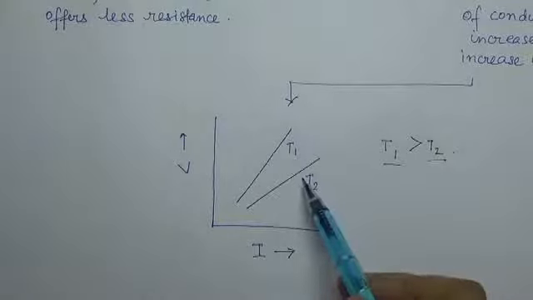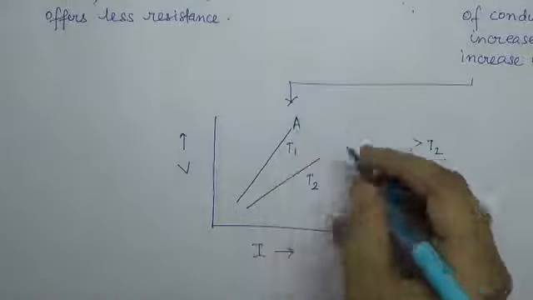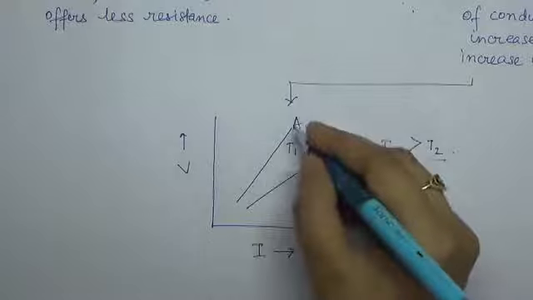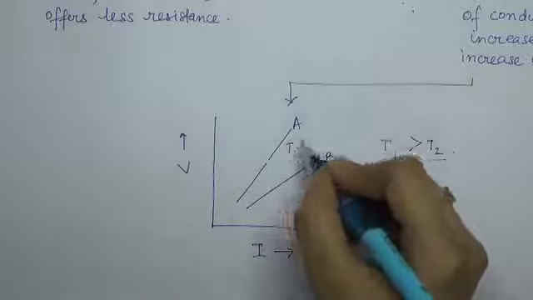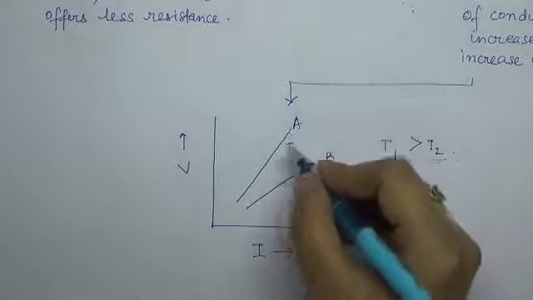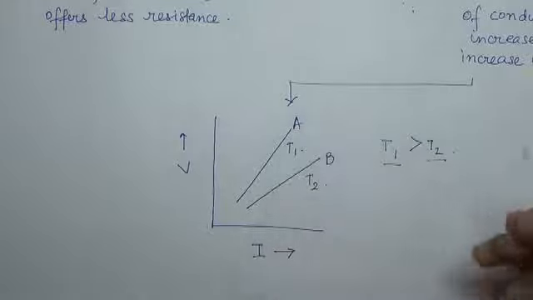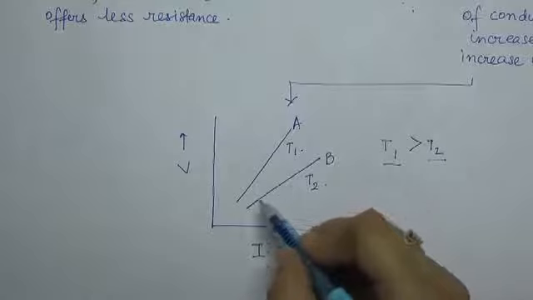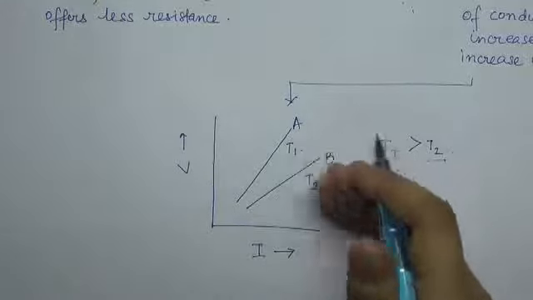Now if you see the graph, the slope of the straight line A, which is at temperature T1, is steeper. That means it has a greater slope, and if it has a greater slope, it will have a greater value of resistance. Understood? Again you see the straight line B. It is less steep.